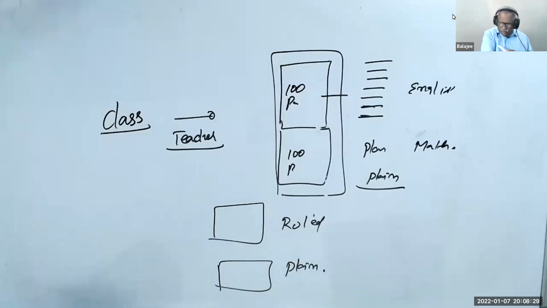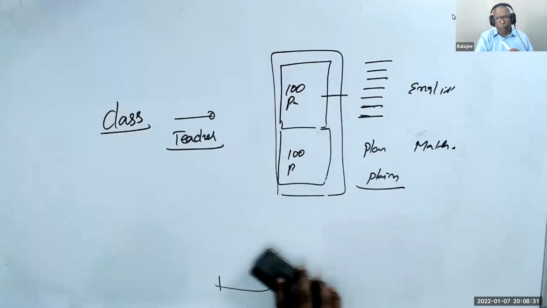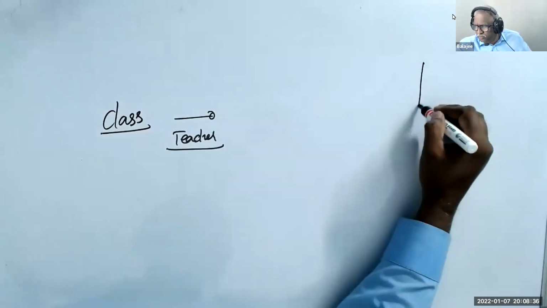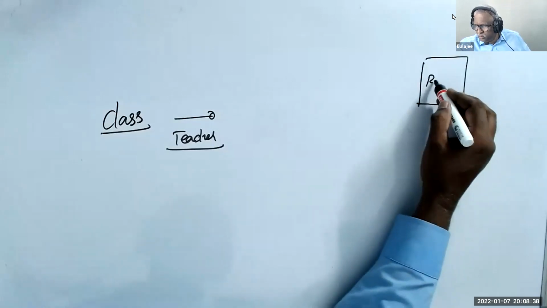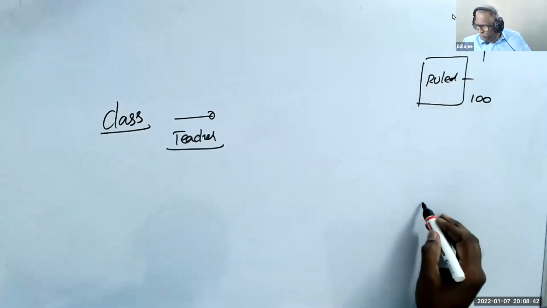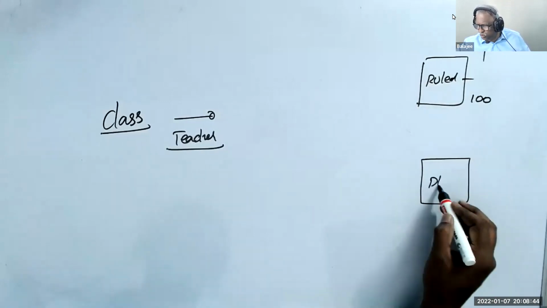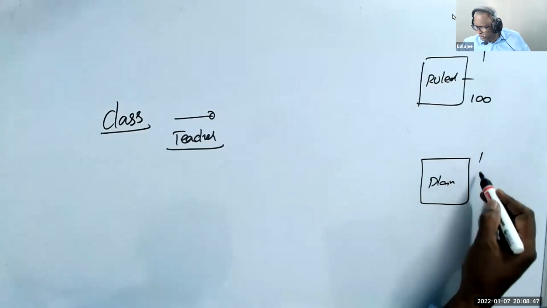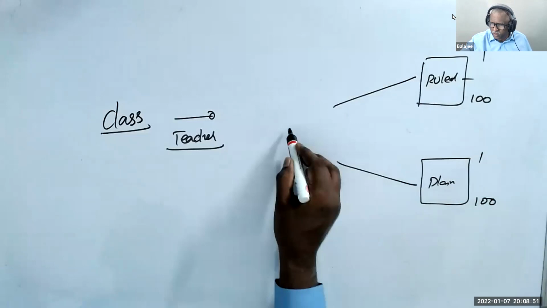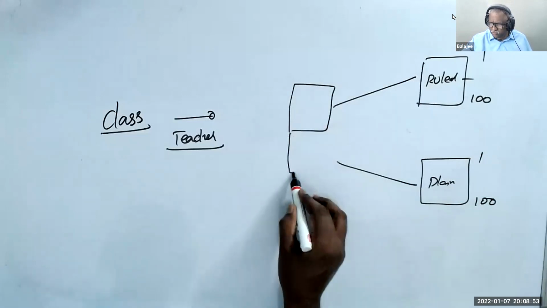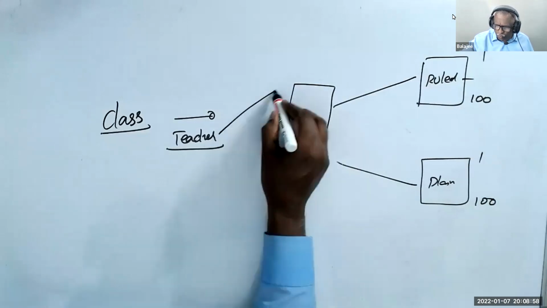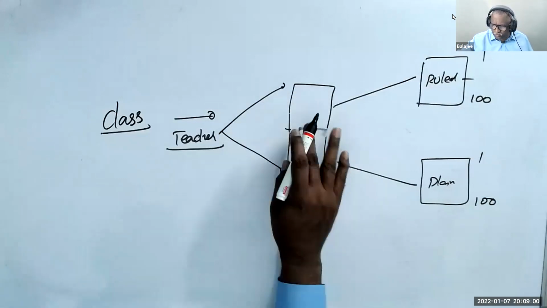One is ruled, one is plain. So he bought the two notebooks, and the ruled notebook is 100 pages, 1 to 100. He found a plain notebook which has 1 to 100 pages. He put both of them together and stitched them. For your teacher, it looks like one notebook. Actually, it's two notebooks.